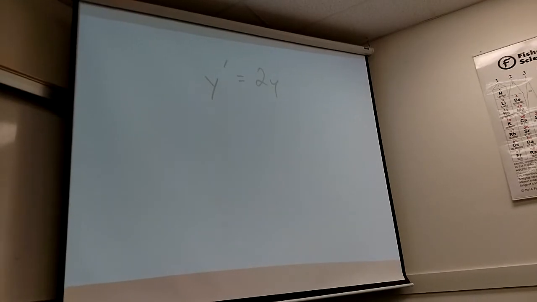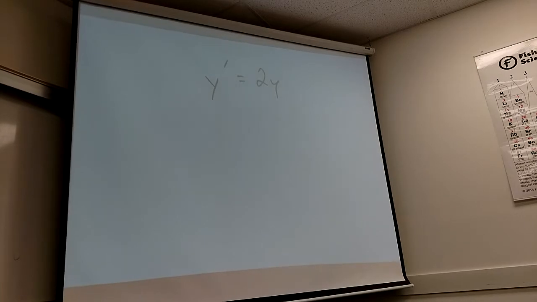So, to get away from review, to get to new stuff, if I write this equation here, let me just let you think about what that might mean. Think about it for just a few moments and see if you can tell me something about the function that would be involved in this equation, or a way to interpret it.